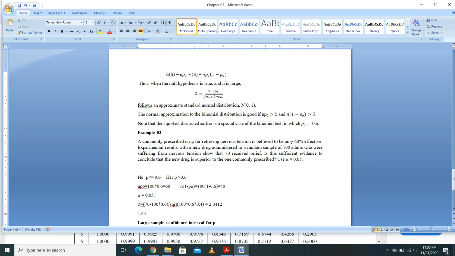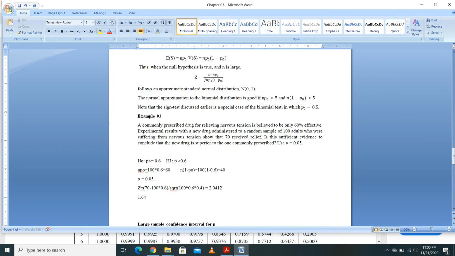Since our test statistic is greater than 1.64, our test statistic is falling in the critical region, so we can reject H naught.